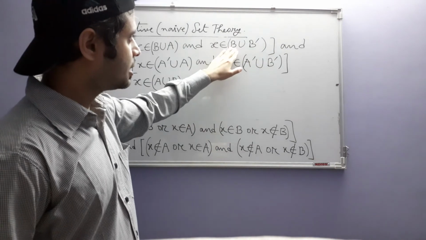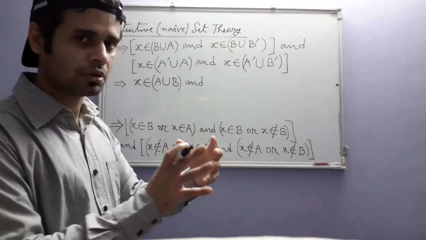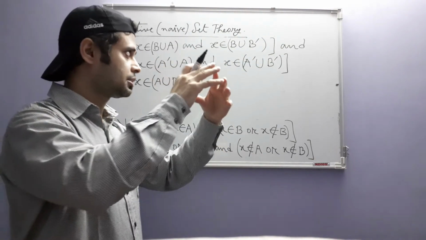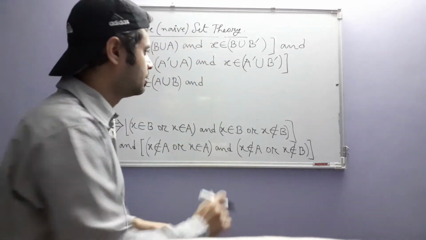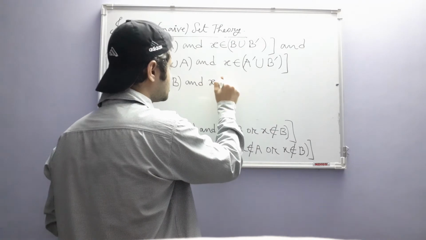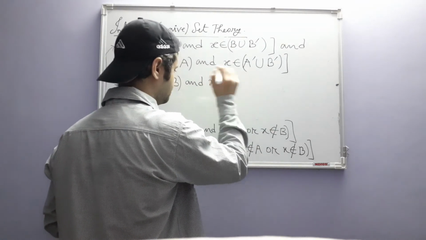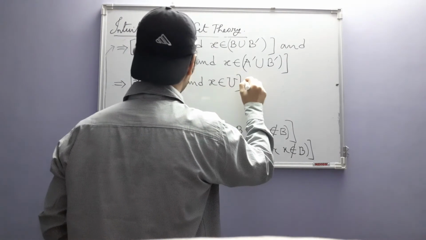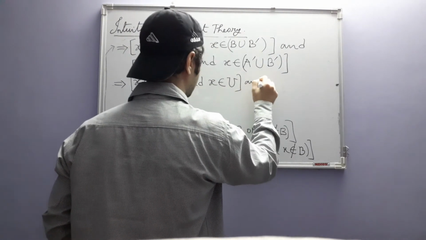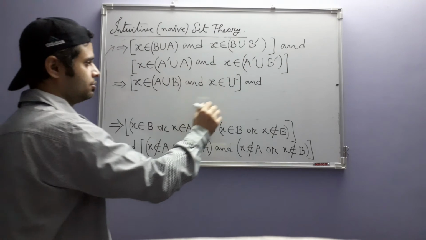Any set and its complement, if you unite them, any set and the part that is not in the set, that means everything. So this is nothing but U. U is the universal set. And similarly here also, this is U.